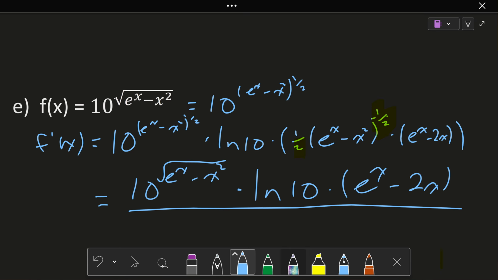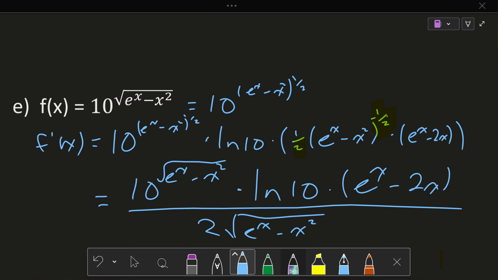And that's going to be all over my 2, times the square root of e to the x minus x squared. Now you could have left those exponents in fractional form if you wanted to. I think it just looks better without fractional exponents.